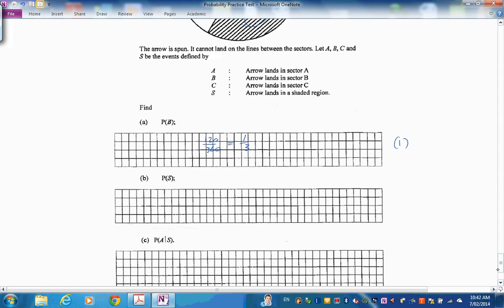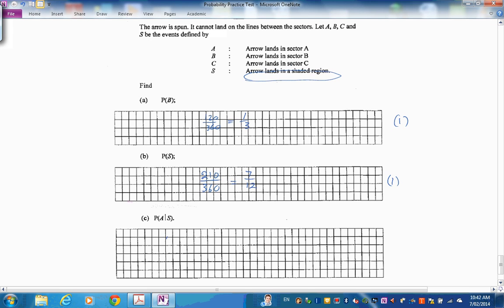Probability of S, so that's 210 degrees, because S is the shaded region. 90 plus 90 plus 30, 210 out of 360, or 7/12 if you want to cancel it down. Either of those answers is 1. Now the probability of A, given that S has occurred, what's the probability that it's in A given that S?